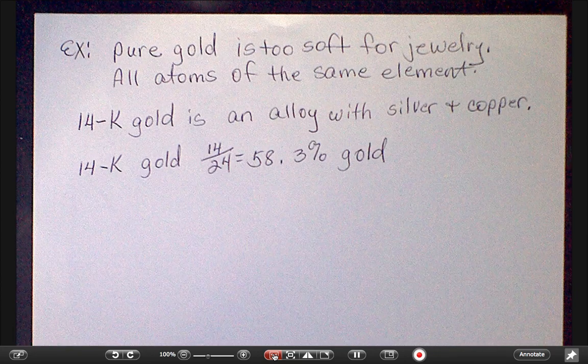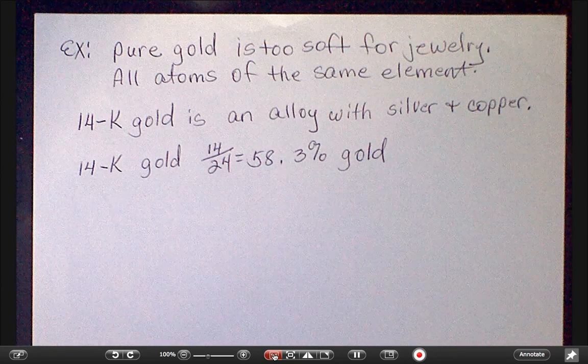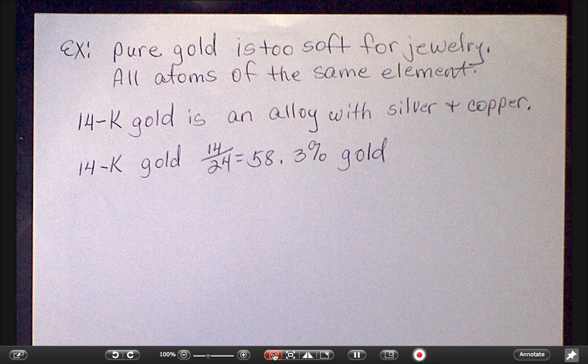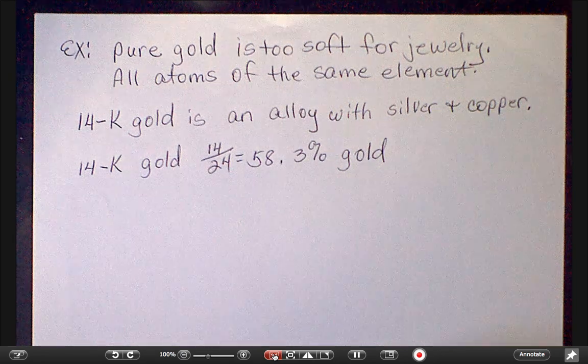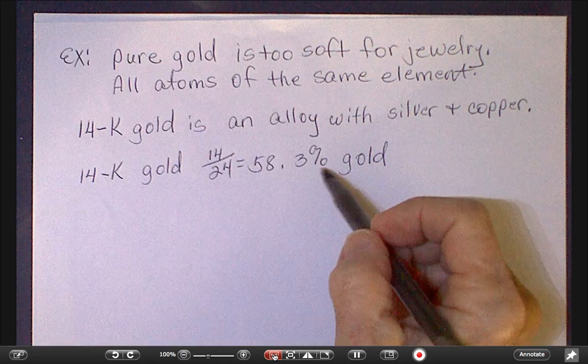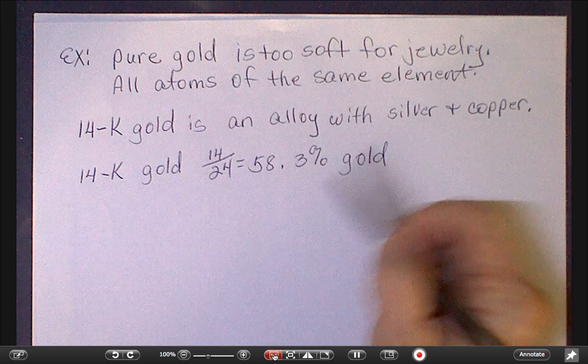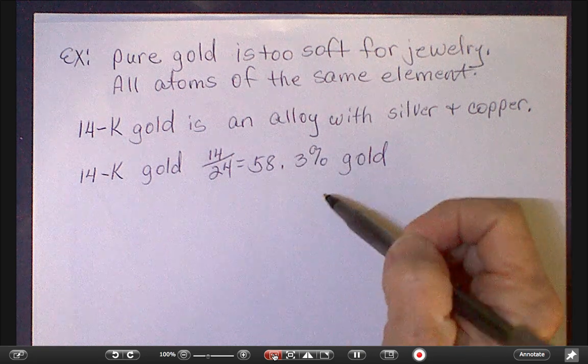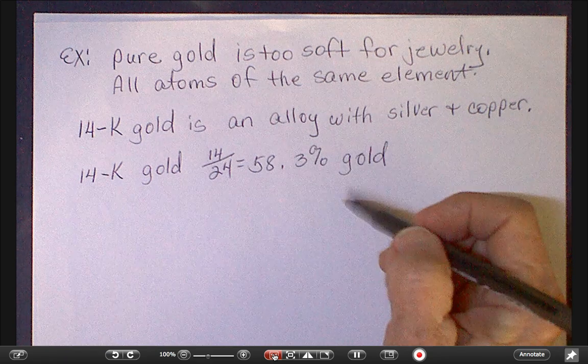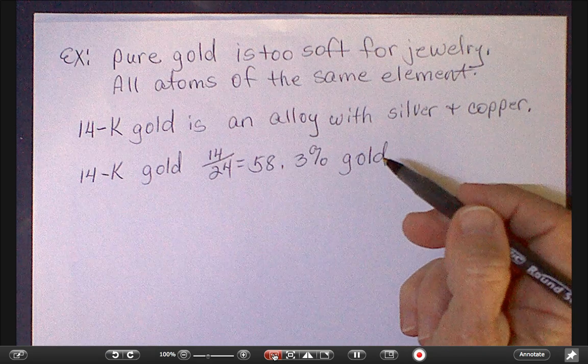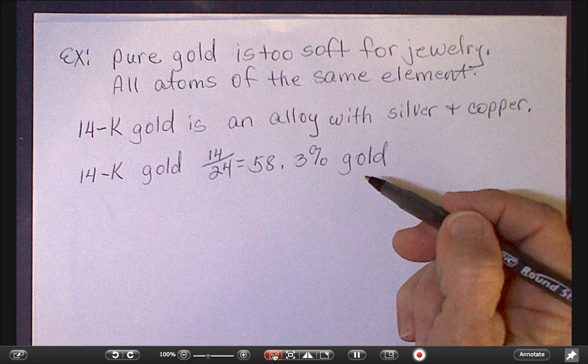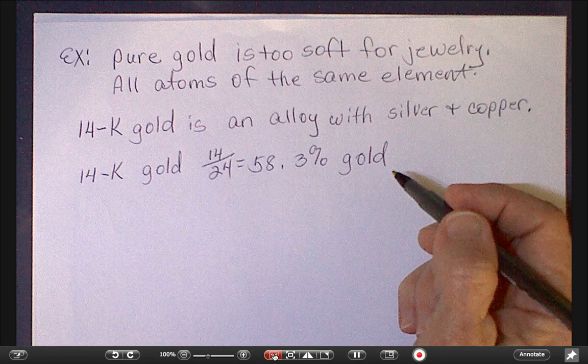And the other percentages are divided between silver and copper. Okay, so that's an alloy. So they've mixed in silver and copper to give it some properties to make it more hard, yes, so it doesn't dent and scratch or break, okay?